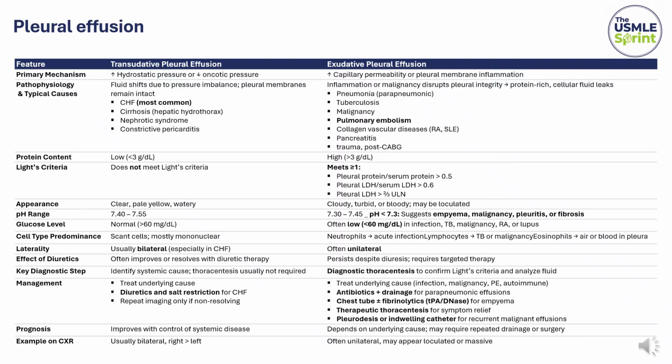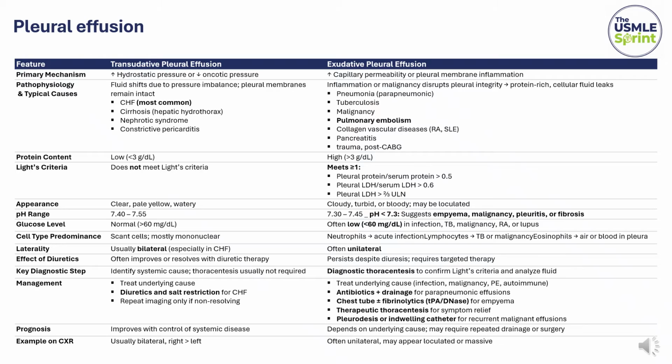The pleural fluid has a pH of 7.2 or higher, glucose above 60, white cell count under 50,000, and LDH below 1,000. A complicated effusion results from bacterial invasion of the pleural space. Here, the pH drops below 7.2, glucose falls under 60, white cell count rises above 50,000, and LDH exceeds 1,000.